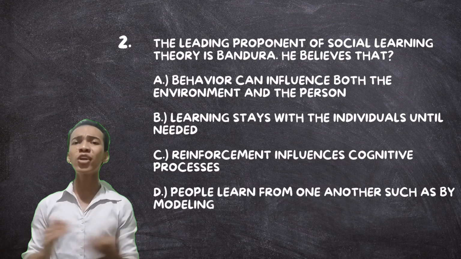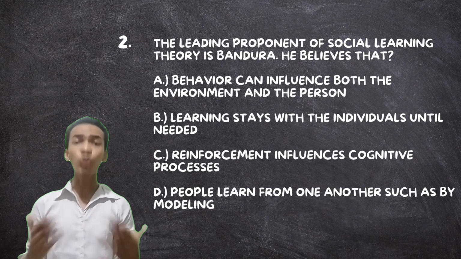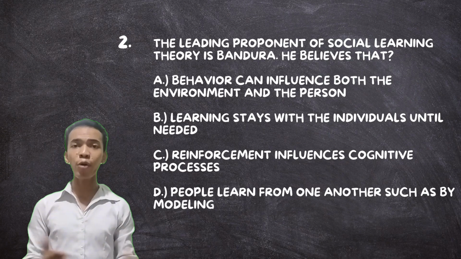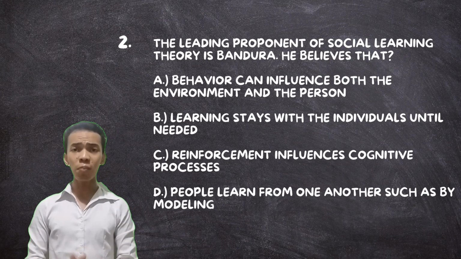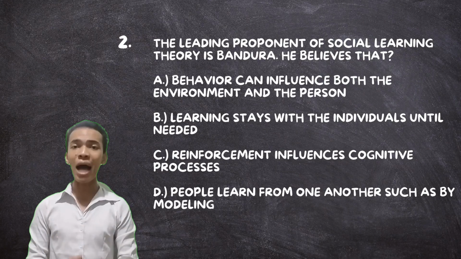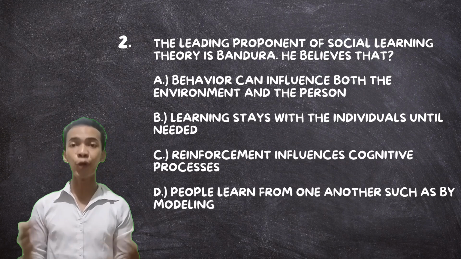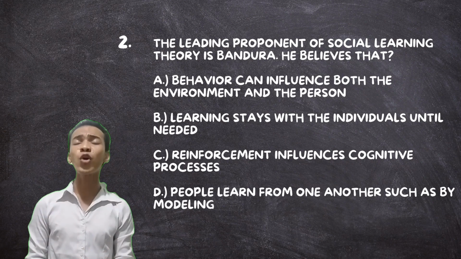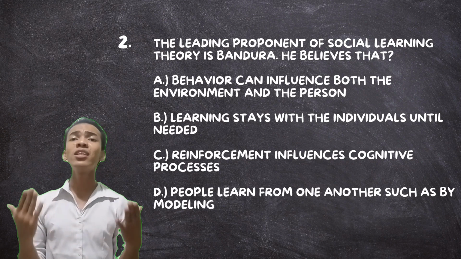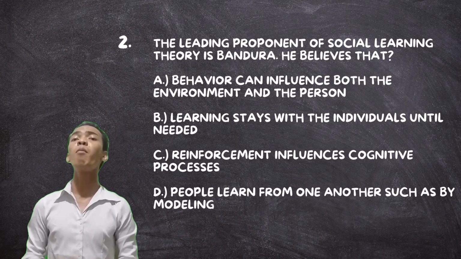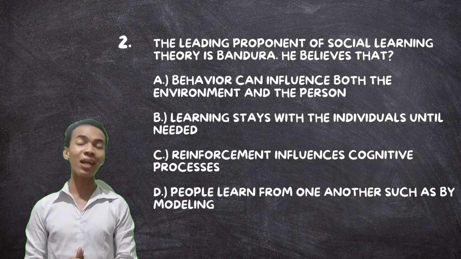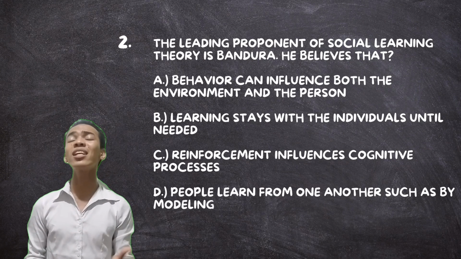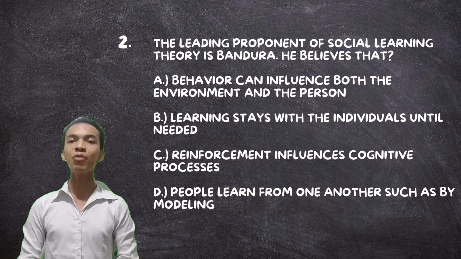This statement is partially true, but it does not fully encompass Bandura's social learning theory, which emphasizes observational learning and modeling as the key mechanism. It's too narrow to capture what the social learning theory of Bandura is about.